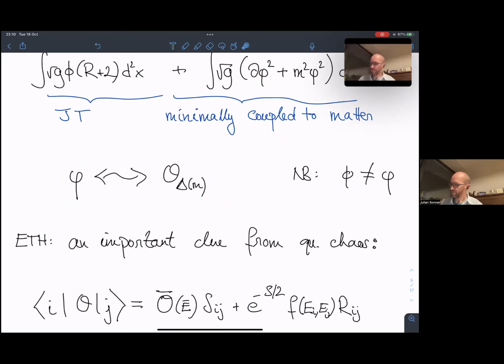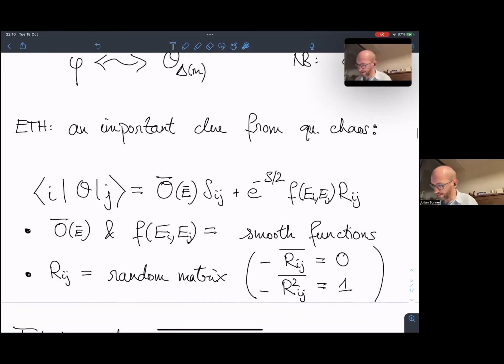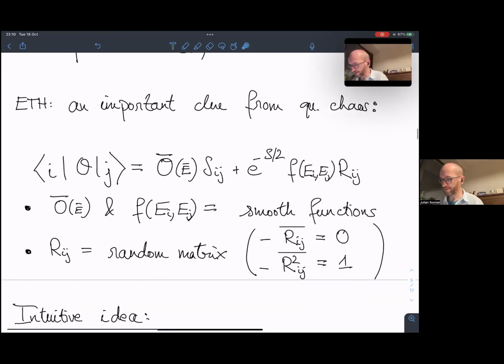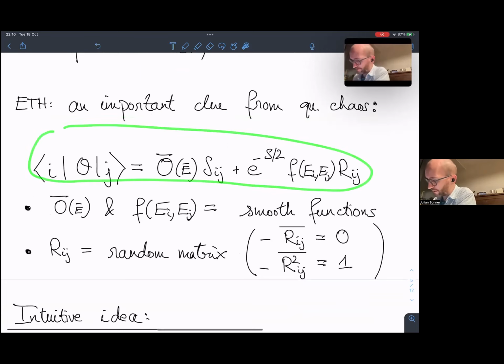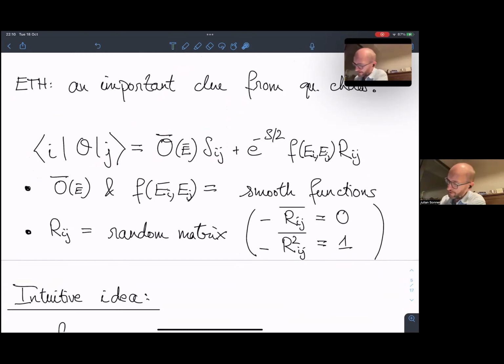And now let me just give you the idea. The idea is that we take, again, a look at this ETH ansatz, which we already discussed. So here it is again. I've written this function f now in terms of the two energies E_i and E_j. And the way it is usually defined as the ETH ansatz is that this R_ij is supposed to be a random matrix, one that has zero mean and unit variance.